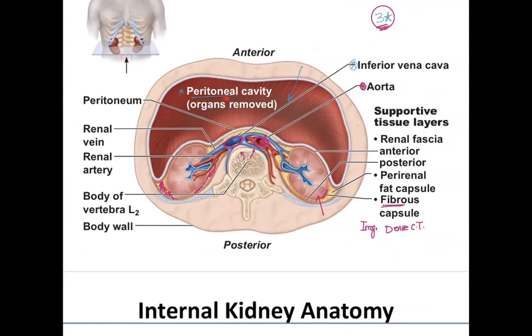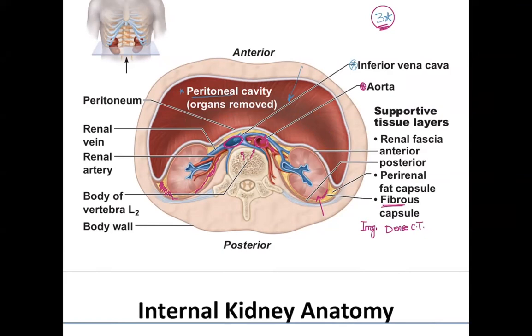Remember, this is the peritoneal cavity and not the abdominal cavity. A lot of people answer this as abdominal cavity on the exam. This is just the peritoneal cavity because everything on here is the abdominal cavity, including the kidneys, abdominal aorta, and inferior vena cava. The space surrounded by the peritoneum is not the abdominal cavity, it is the peritoneal cavity.